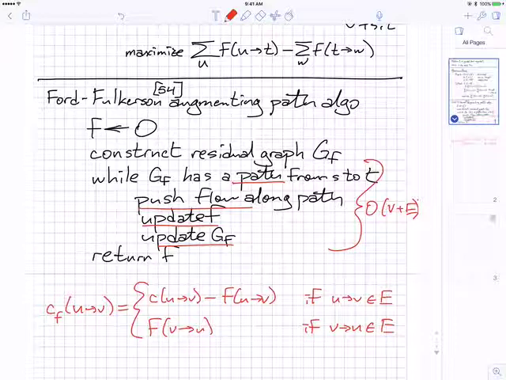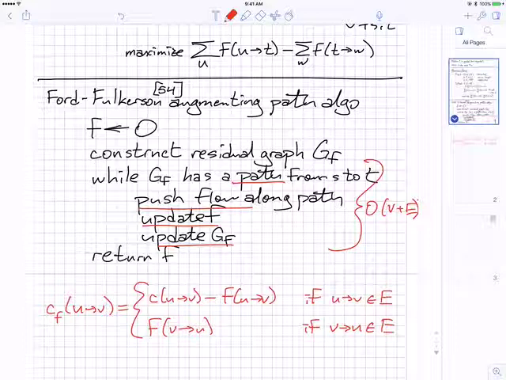Once I've found the path, the amount of flow that I push along it is whatever the minimum capacity of any edge on that path is. So if I have a path through residual edges with capacity 2, 5, 3, 1, 7, 8, 4, the smallest number there is 1, so I can push 1 unit of flow through that path before I saturate another edge.